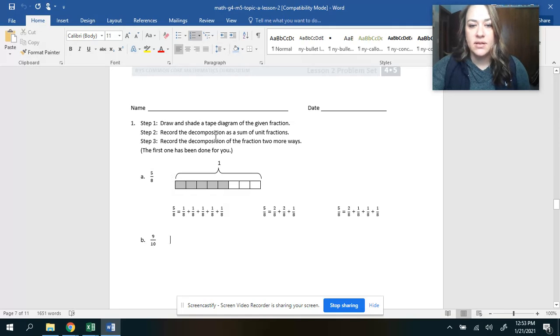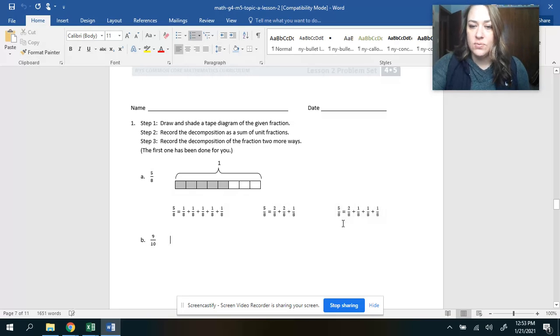It says record the decomposition as a sum of unit fractions. So we have 5/8. They showed each of those individually. So 1/8 plus 1/8 plus 1/8 plus 1/8 plus 1/8 equals 5/8. But you could also do 2/8 plus 2/8 plus 1/8 because 2 plus 2 plus 1 is 5.